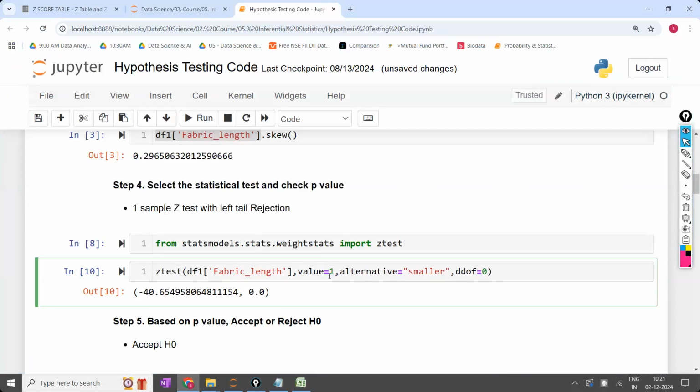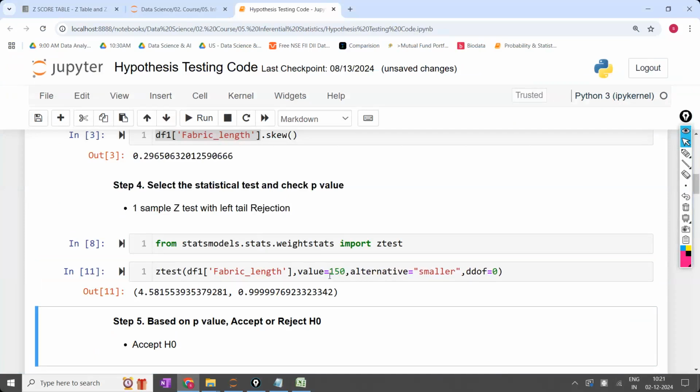Online students, is that clear now? Anyone has any questions? In this function, it is going to apply that internally. It will apply the formula, it will calculate the test statistic, and the p-value also. These three things are included inside the function.